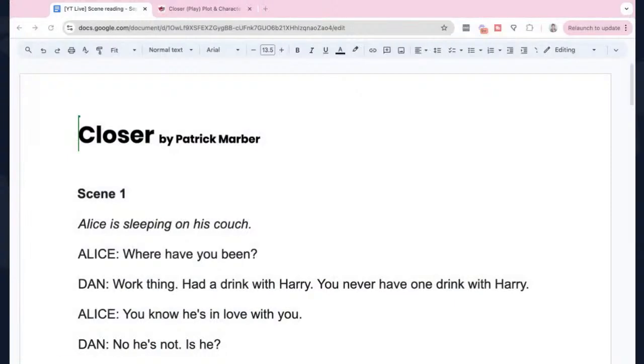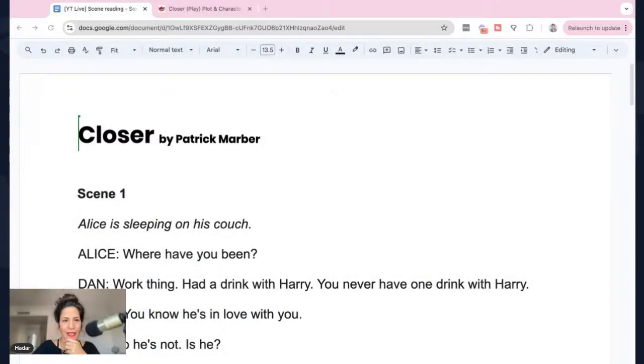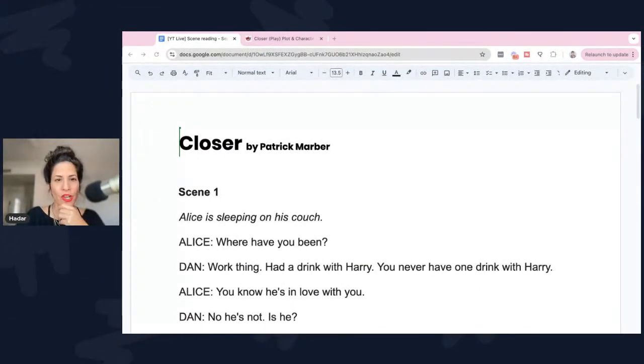So once we read it, you can tell me what you think it's about, or you can share your thoughts about it. And then I will tell you a bit more about the play itself. Are we ready? Let me know. And let me go ahead and share it with you.